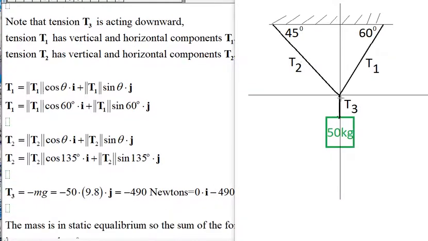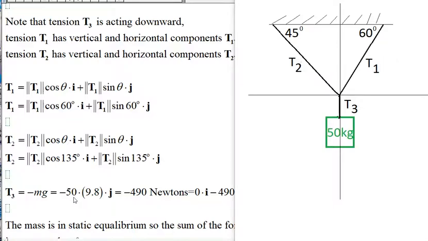And then for this vector right here, the vector t sub 3, the tension force is acting downward, and therefore the weight of this object will be the mass times the gravity. And since it's acting downward, we have the negative right here.